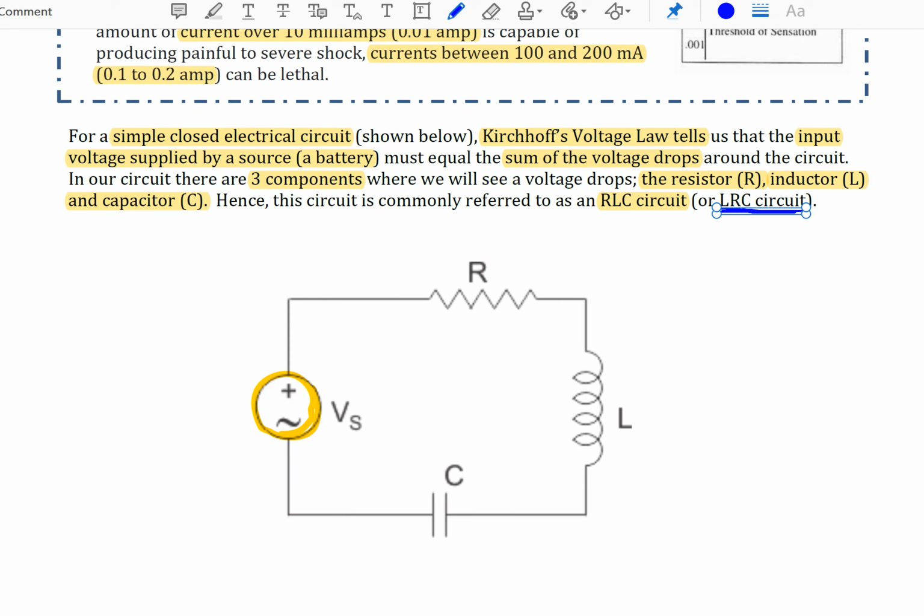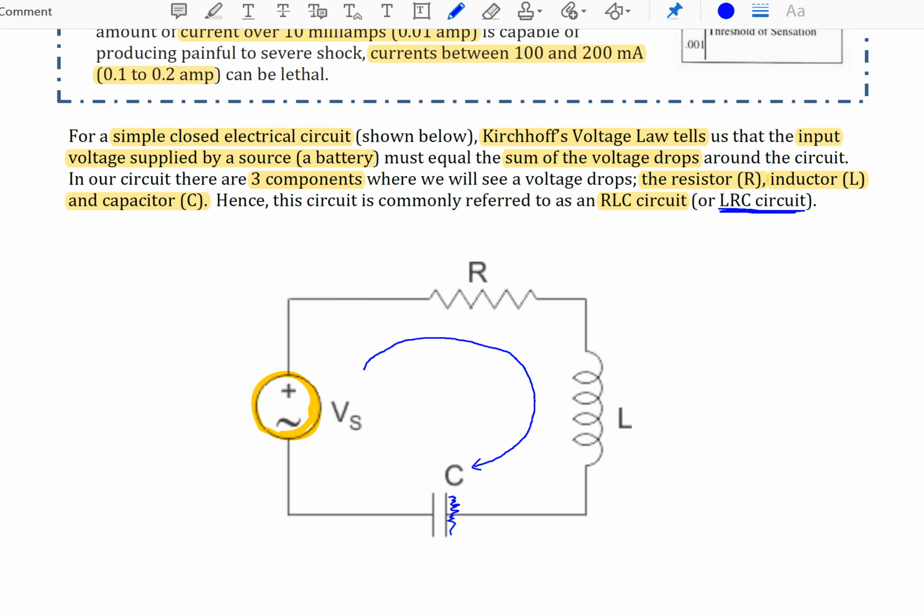The way you can visualize this is that you introduce some voltage to your circuit. Current starts flowing through your circuit. It goes through the resistor, it goes through the inductor, and it comes to the capacitor. Once it reaches the capacitor, your charge starts to build up on this side of the capacitor.